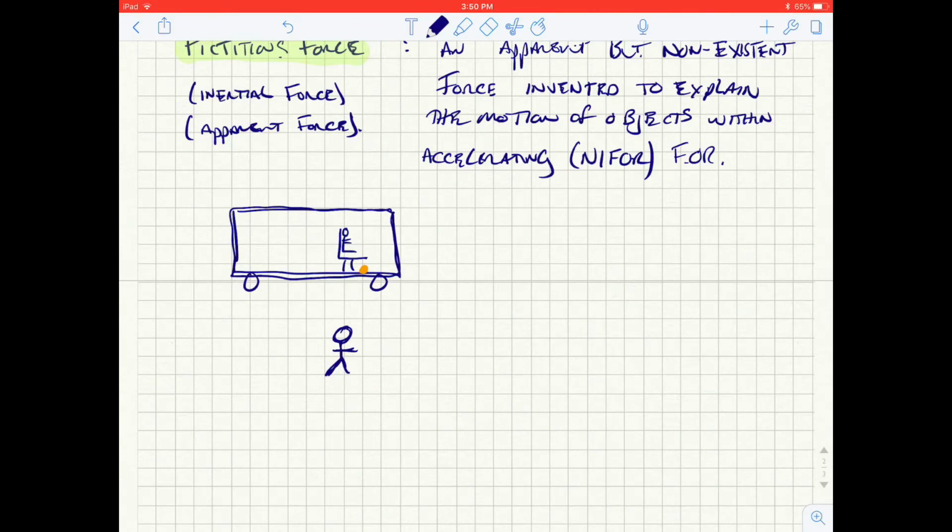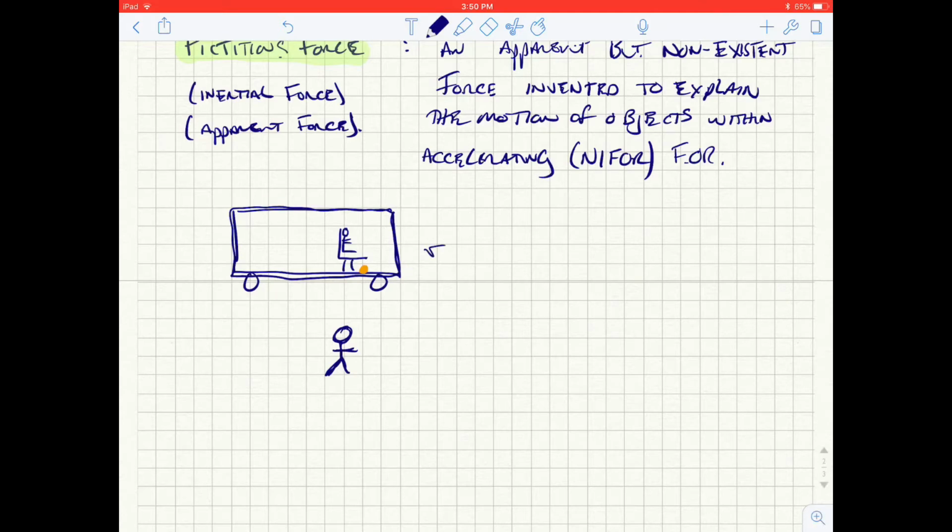Both frames of reference are inertial. That means they're at rest relative to each other or traveling at constant velocity relative to each other. Let's say nothing's strange, the orange isn't floating up in the air, it's not rolling any direction, nobody's feeling any funny things in their chest, everything is fine.